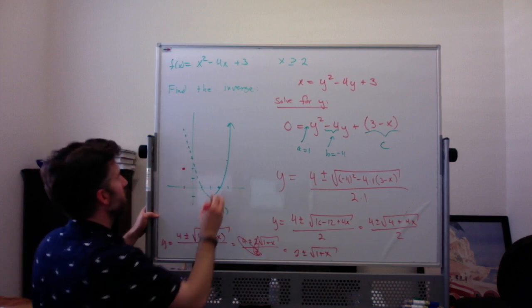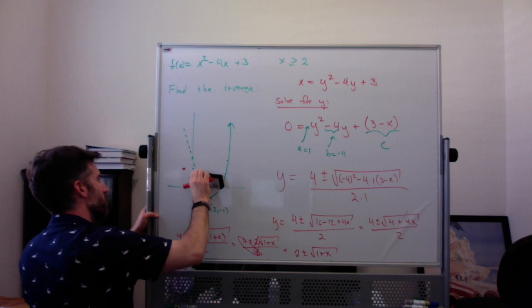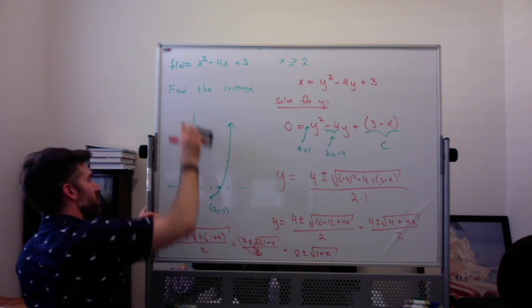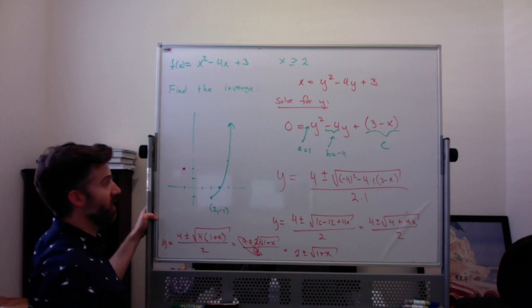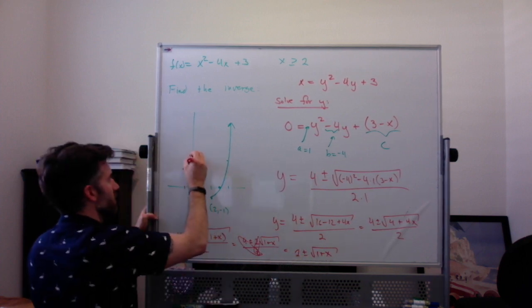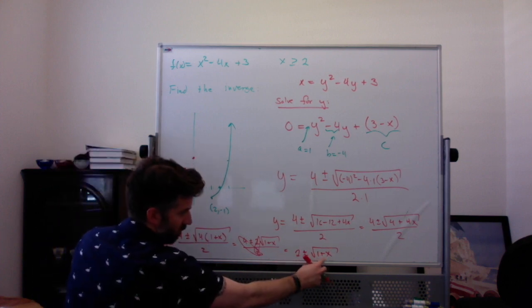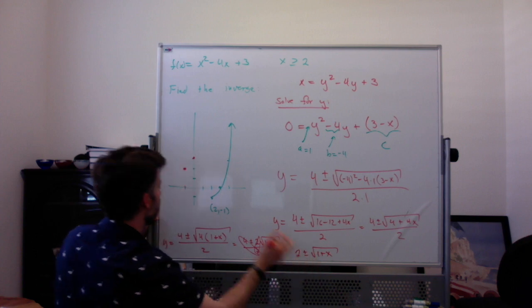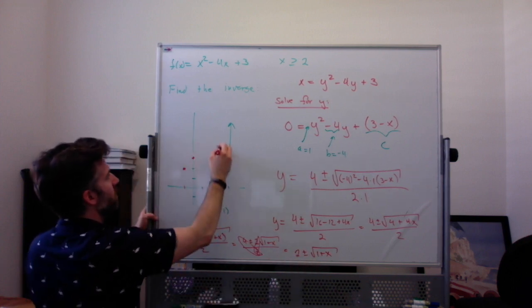And if y is equal to 2 plus the square root of 1 plus x, well, that's going to get bigger and bigger y values, right? So like if x is 0, I get 2 plus 1, which is 3. If x is, I don't know, 3, 1 plus 3 is 4, square root of 4 is 2, I get 2 plus 2, which is 4. So when x is 3, I get 4.